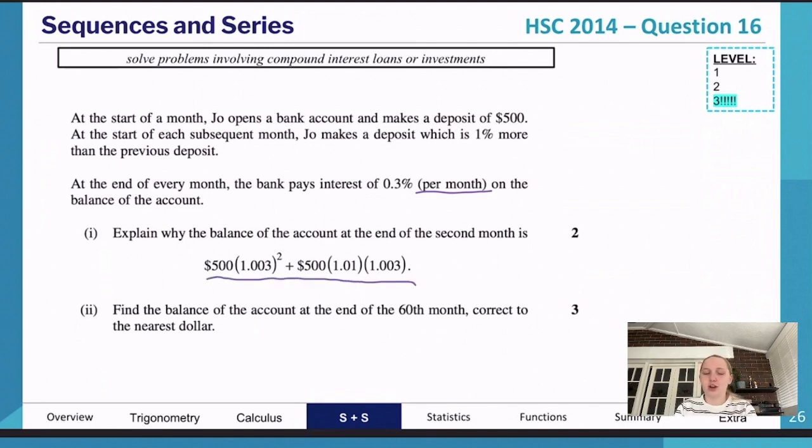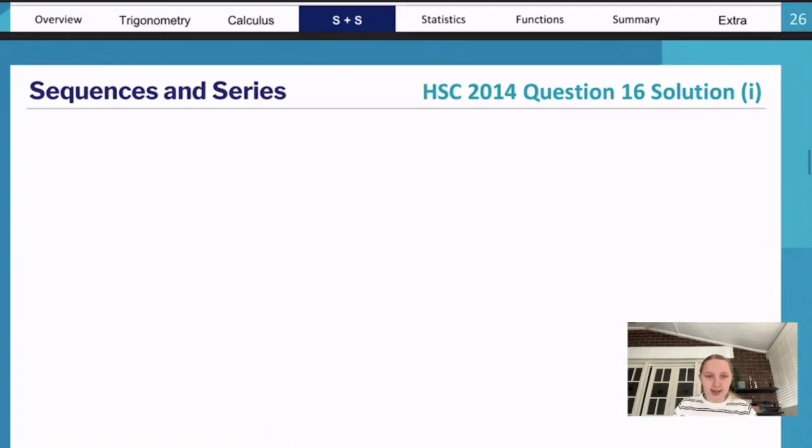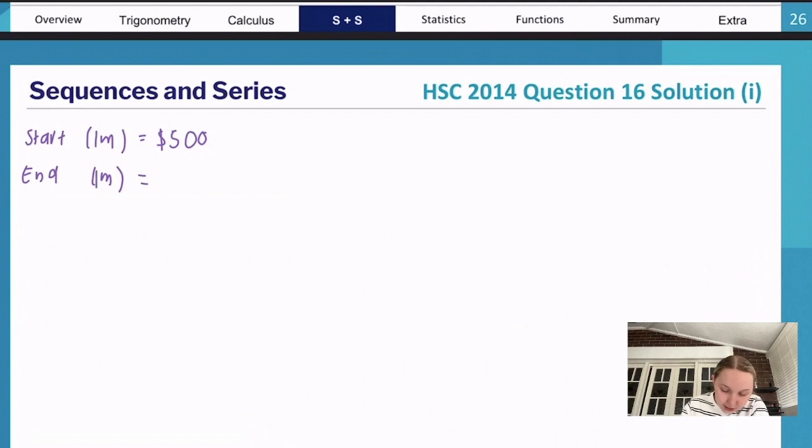Super common question they're going to give you, okay? So for part I, at the very start of the first month, she's got $500 in there, right? That's what she's done. Then at the end of the first month, she's adding her interest, right?